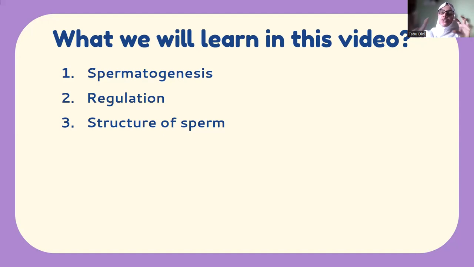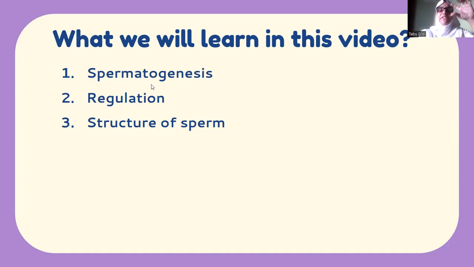Then we are going to do oogenesis. So male spermatogenesis, then female oogenesis. Fine. Then the structure of the sperm, and then the structure of the ovum. And once we are done with all this, we are going to combine them. I mean, then what happens after this? Fertilization. So in later videos, we will do fertilization.